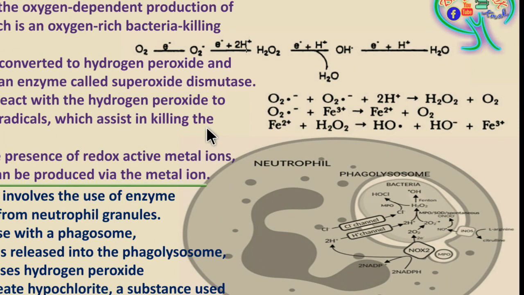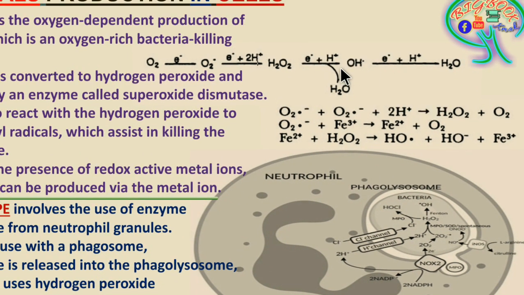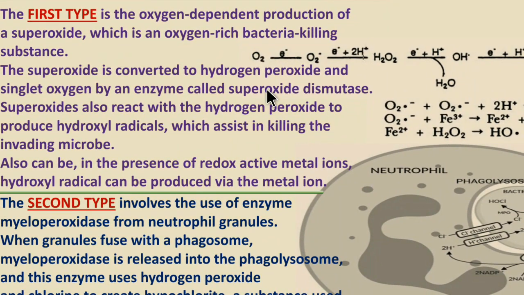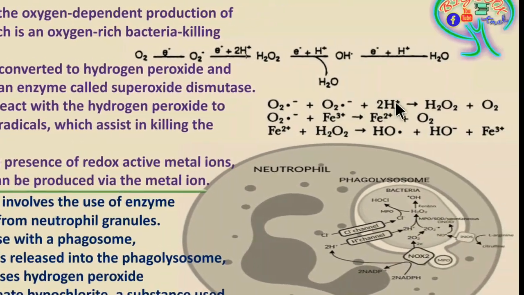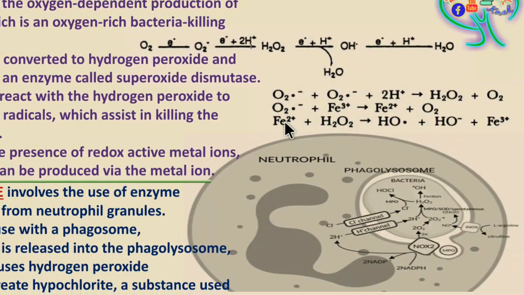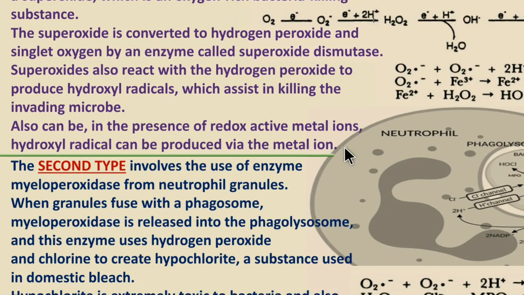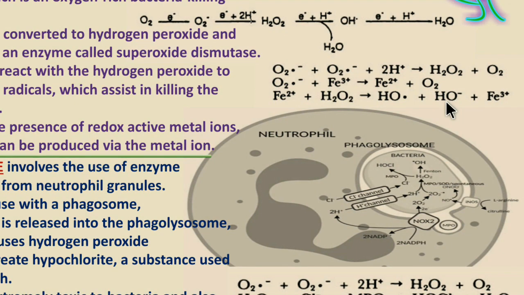Now in this equation, we have seen the superoxide action here, and also here the production of the hydroxyl radicals. Here the presence of the metal ion is one of the reasons for the formation of the hydroxyl radical.